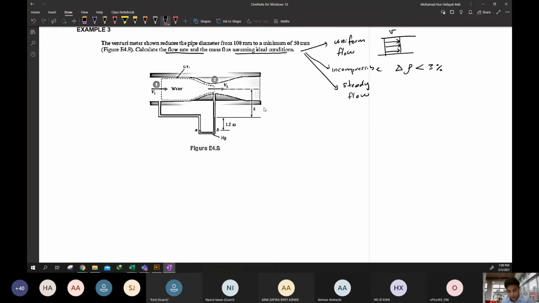You look here, we have the flow from point 1 to point 2. So first, what do we need to do? We can apply the energy equation because the fluid is moving. Definitely, we have the kinetic energy, the potential energy, and the loss.